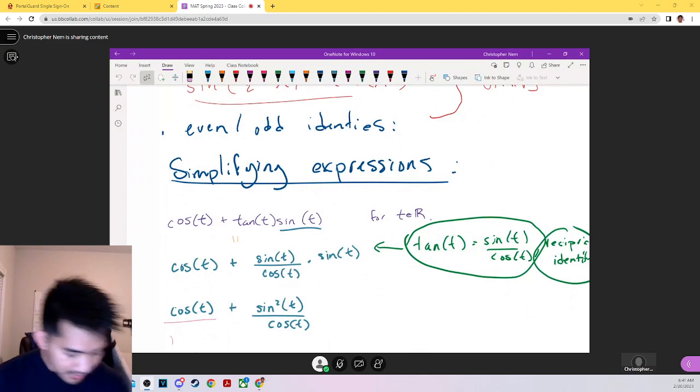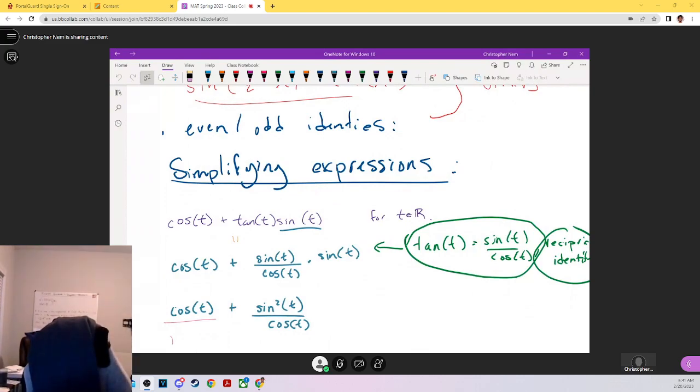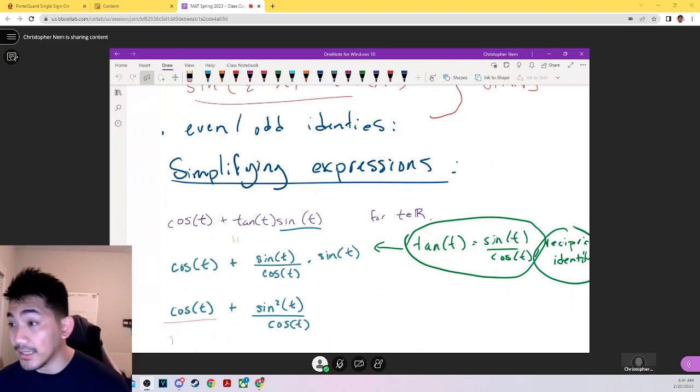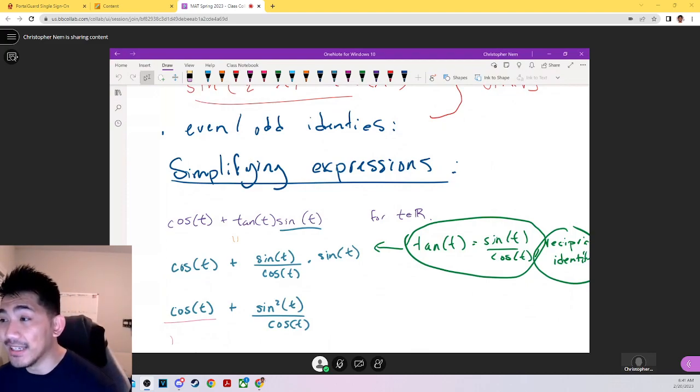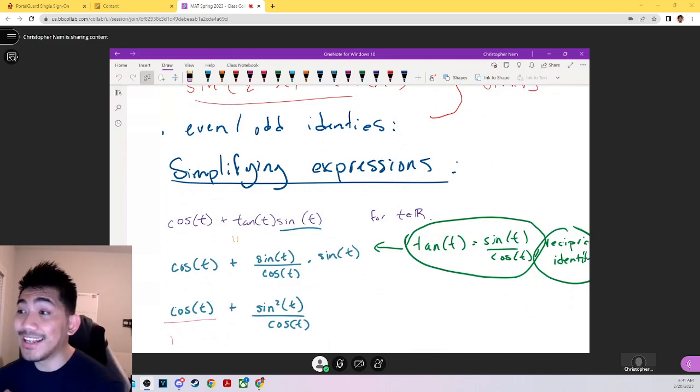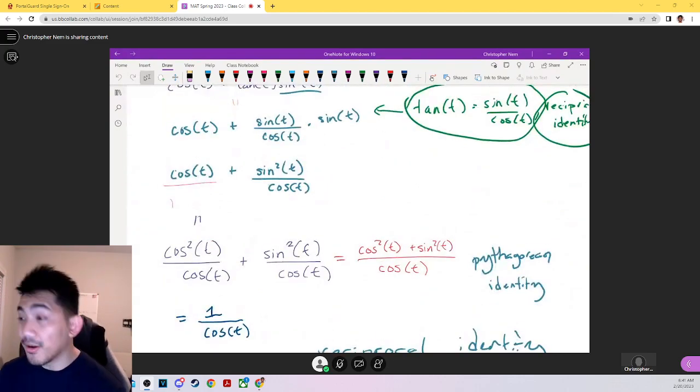Now with this second expression, I can multiply the sine t times sine t, and I'm left with sine squared t over cosine t, plus that cosine of t. Now you have a fraction. That means you've got to get a common denominator. So once you get a common denominator, you have cosine squared t over cosine t plus sine squared t over cosine t.